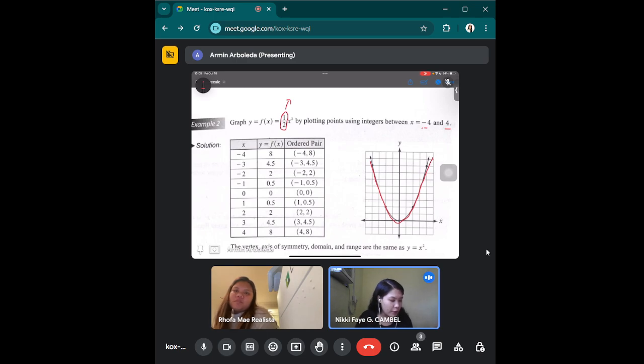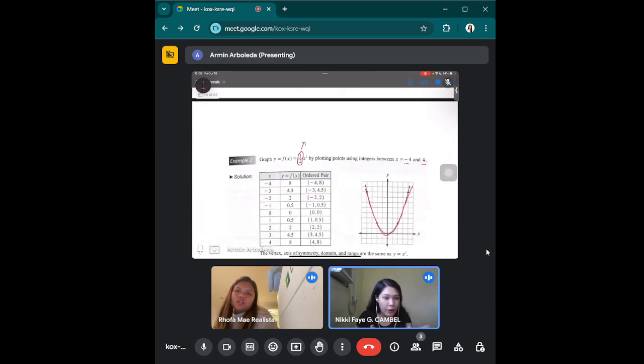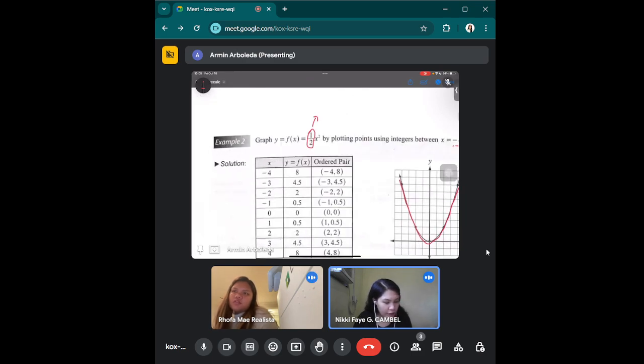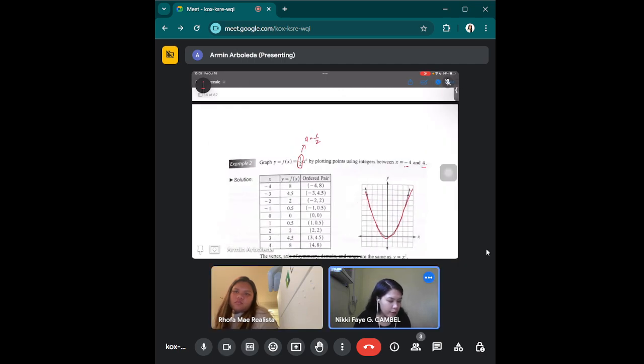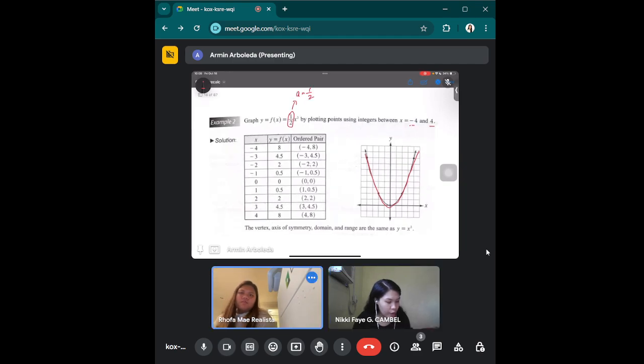You've noticed the parabola, like this one? Yung parang mas narrow siya kanina, this time parang bumuka siya. So, this is affected by the 1/2, which is our A. Yan lang po yung gustong sabihin ng example na to sa atin. Yung parang pinapakita lang po yung effects po nung A sa ating parabola.